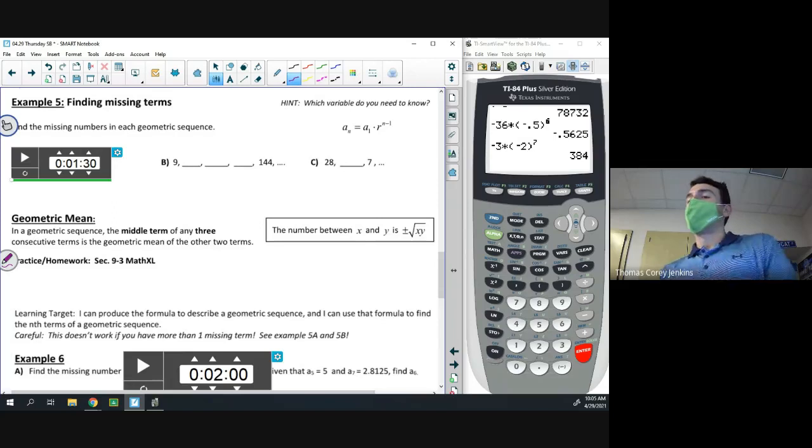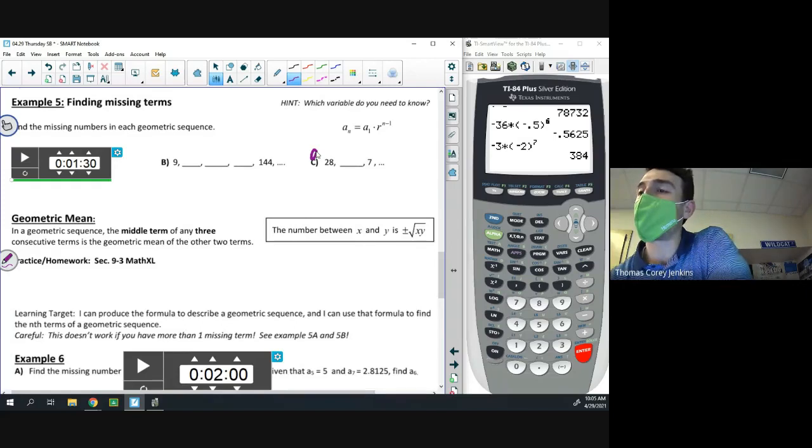Looking at C, how can we fill in the blank here? This one you may be able to figure out on your own, but let's take more of an algebraic approach. What they've given me here is a sub 1 and a sub 3, and they're saying find a sub 2, the second term, given the first and the third term. So an algebraic approach would look like this.